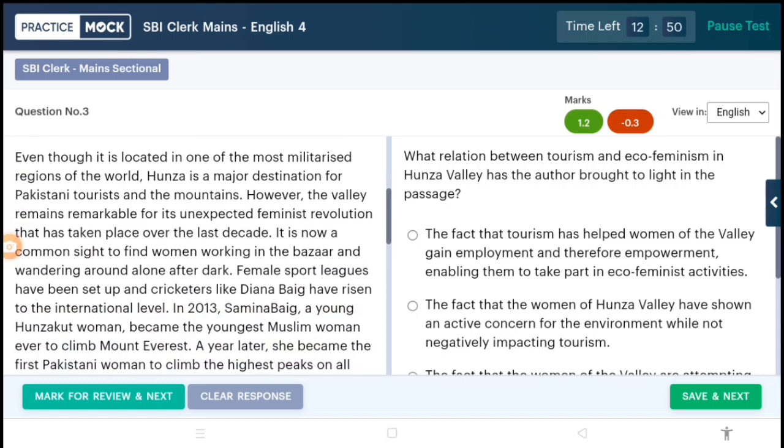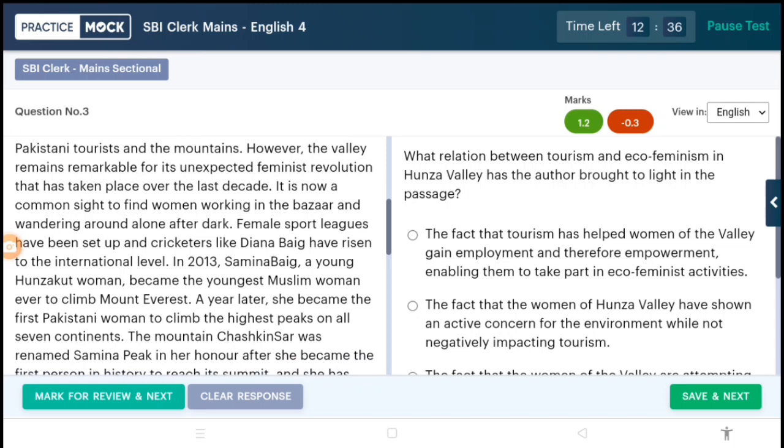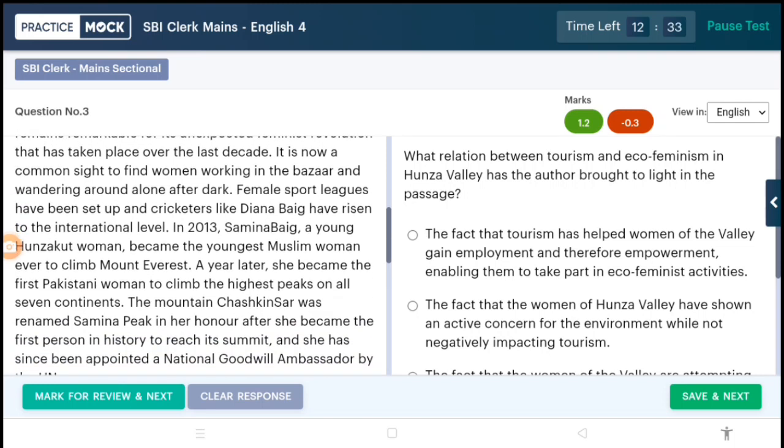Even though it is isolated, one of the most striking relations between tourism and eco-feminism in Hunza Valley brought light to the passage. Women working in the bazaar and wandering around alone after dark, female sports teams have been set up, the cricketers.